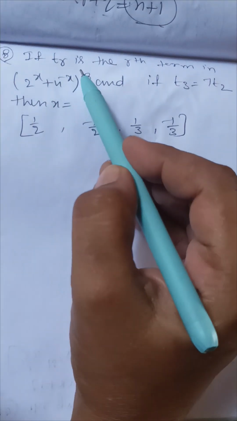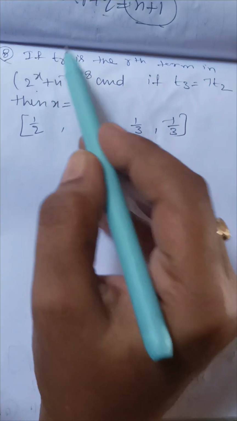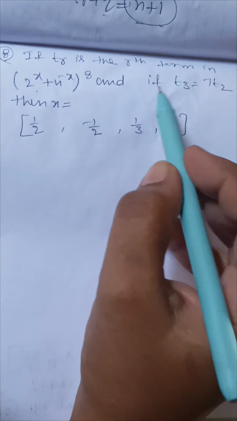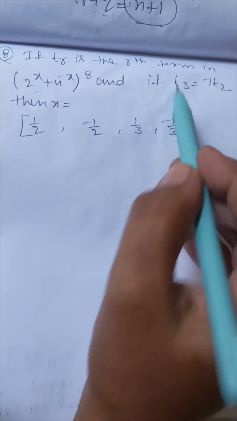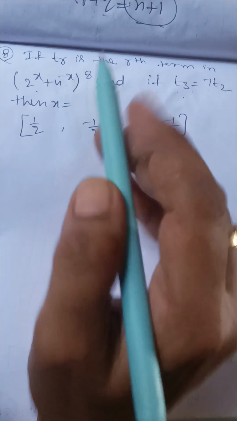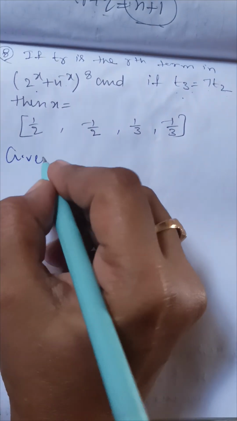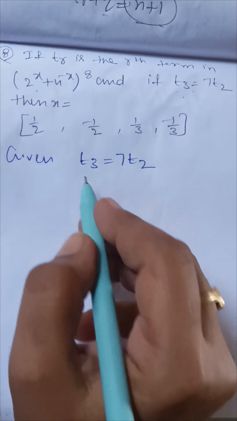If tr is the rth term in this expansion, and if t3 equals 7 t2, the third term of this expansion equals 7 times the second term. So, given t3 equals 7 t2, t3 is the third term.